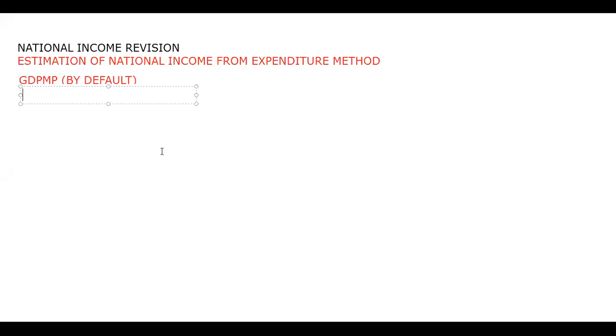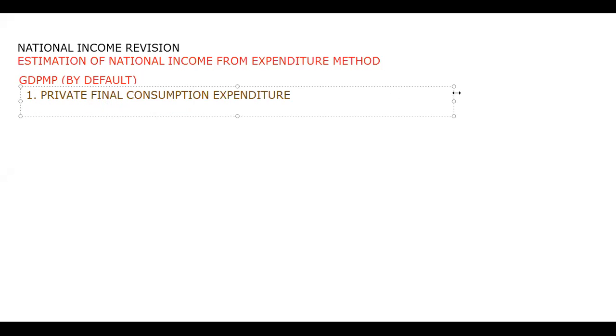For that, what we have to do is add 5 things. You remember those 5 things? The very first thing which we have to take is private final consumption expenditure.